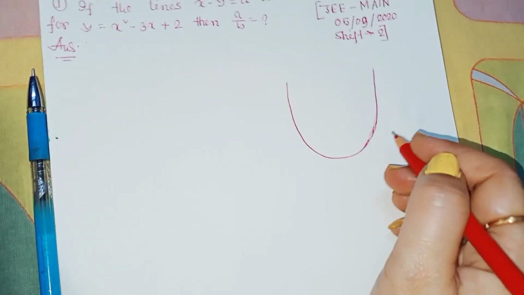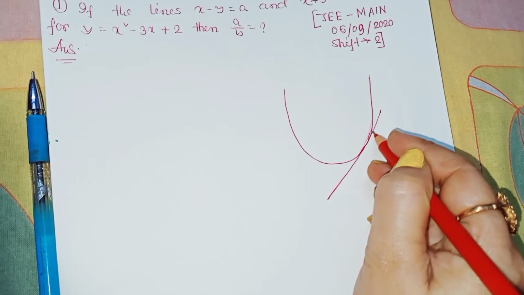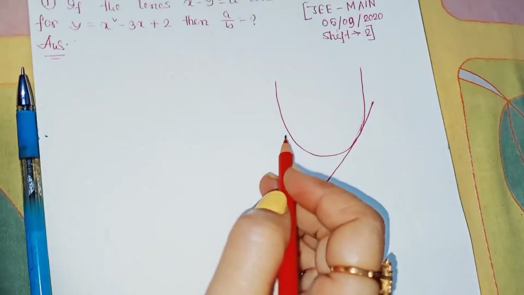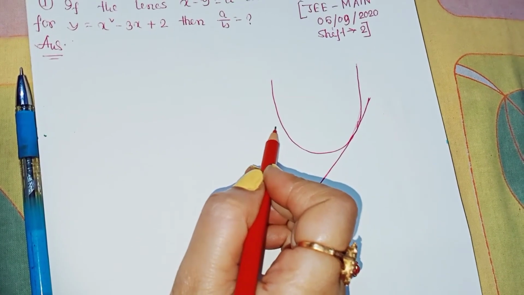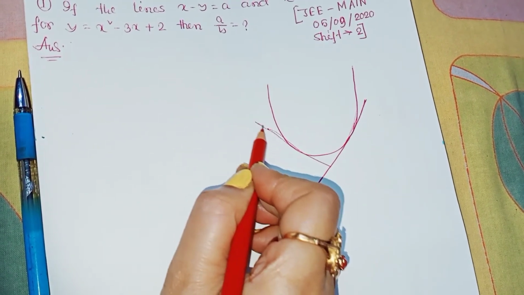Here is one tangent and another is perpendicular to this tangent. So it is just like this.